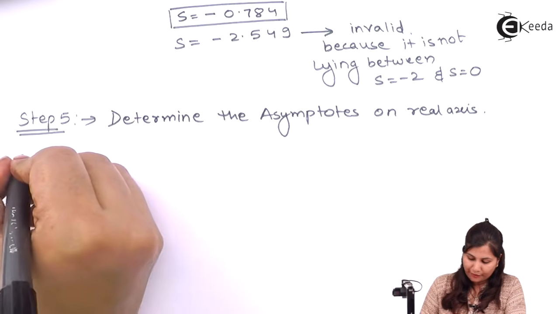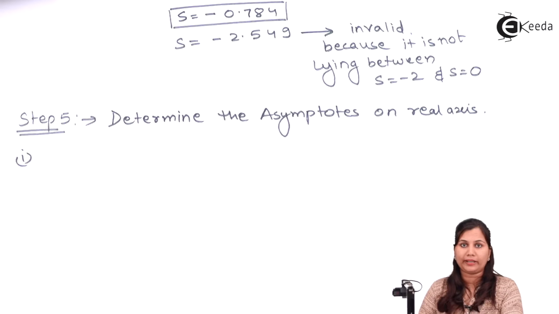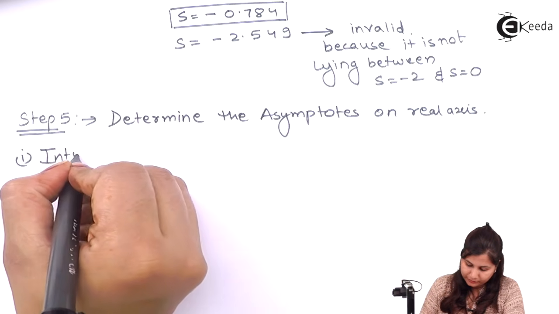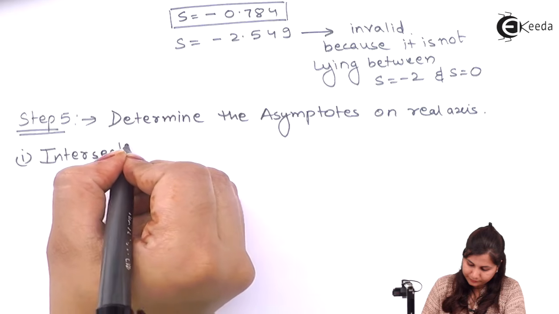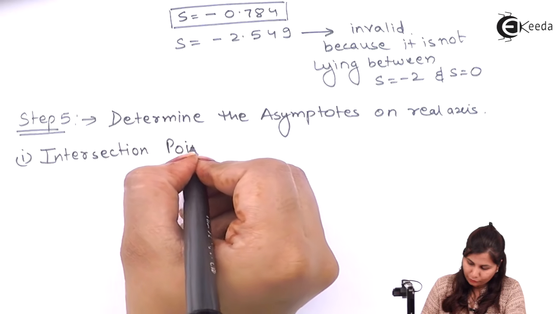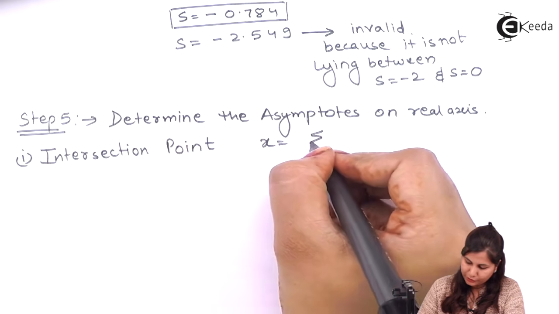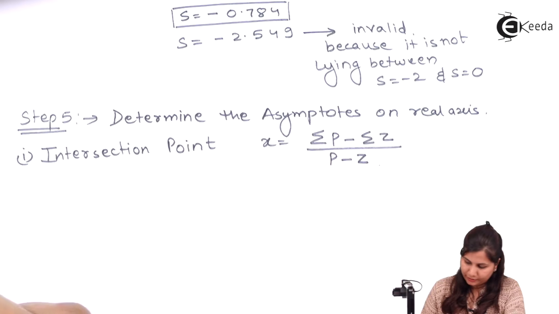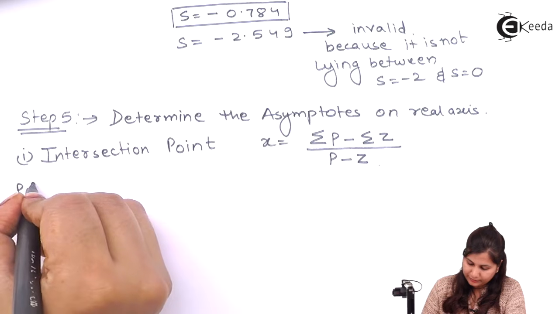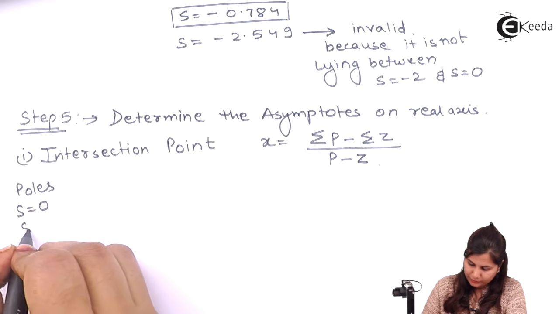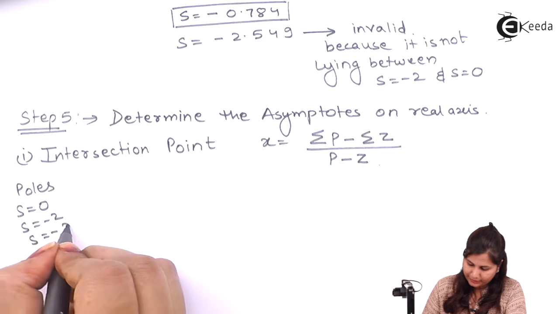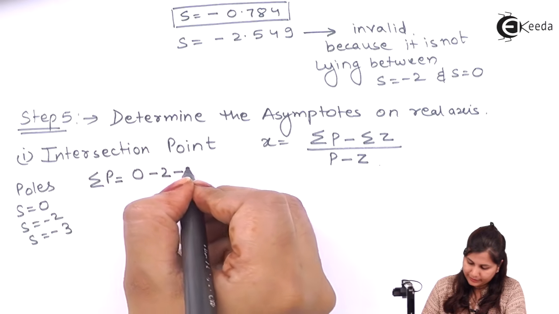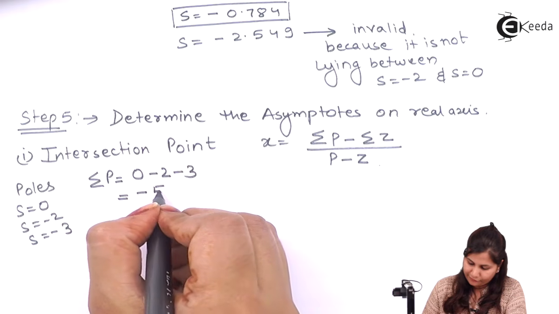So for asymptotes, we have to first determine the intersection point of the asymptotes with the real axis. Its formula is x equals summation of p minus summation of z upon p minus z. Poles we are having s equals 0, s equals minus 2 and s equals minus 3. So summation of p will be 0, minus 2, minus 3, that is minus 5.